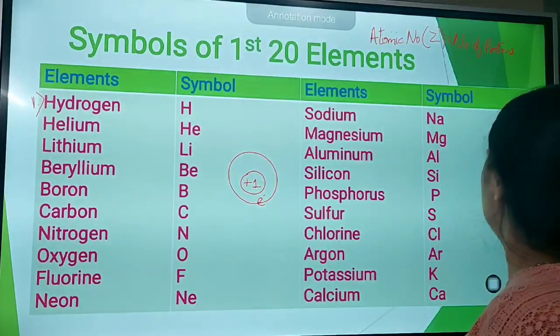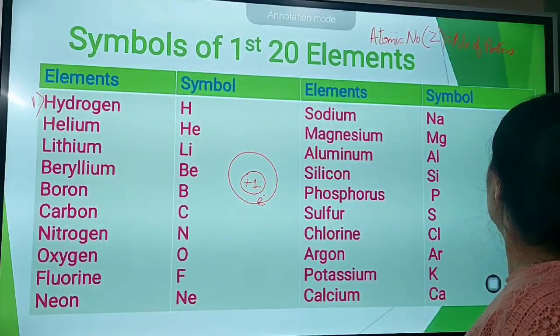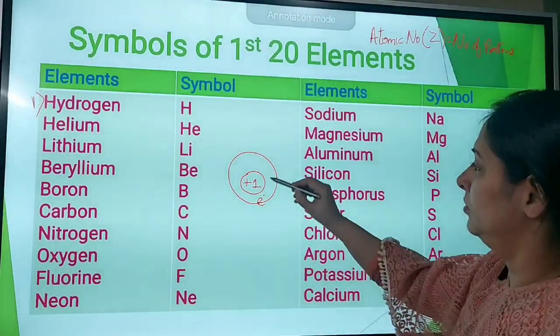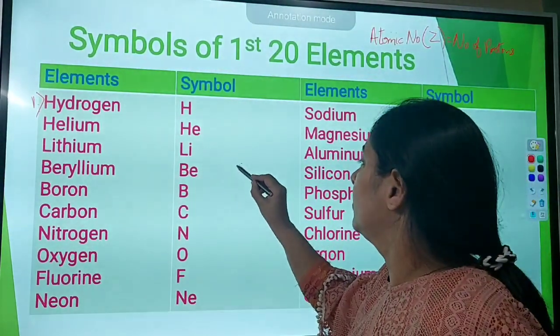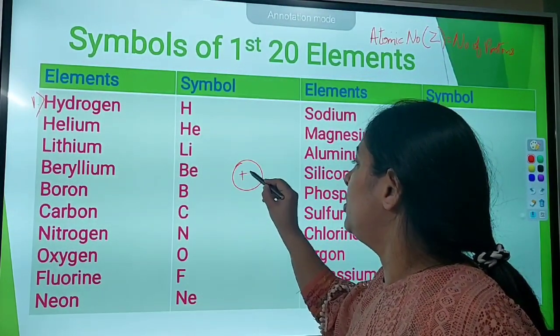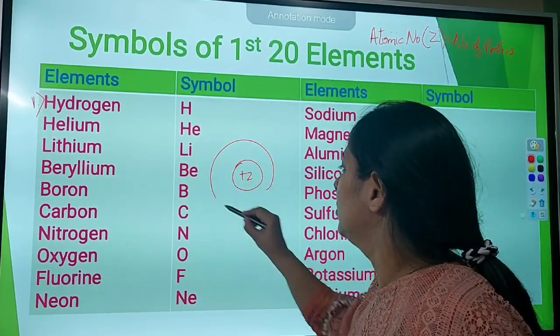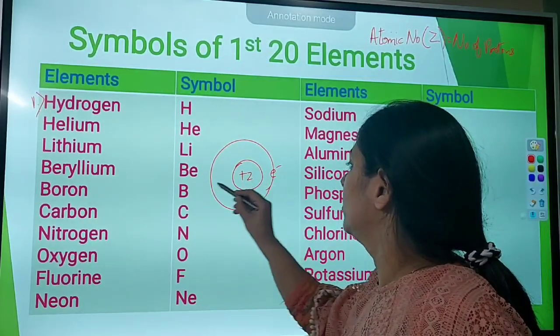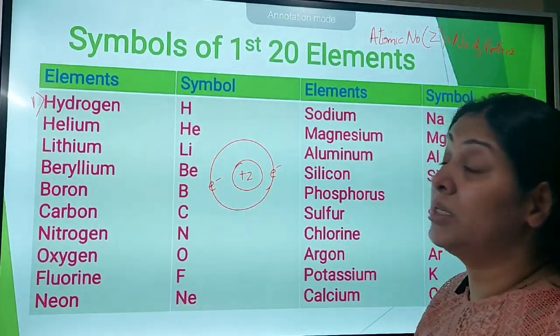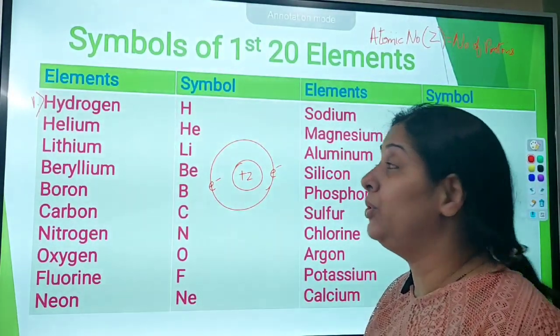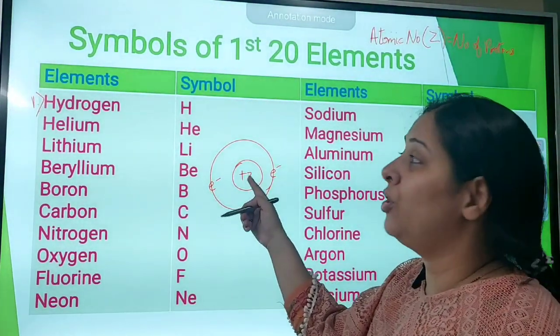Okay, now helium, कितने protons हैं? Number 2. Okay, this is how a helium atom will look. How many protons?